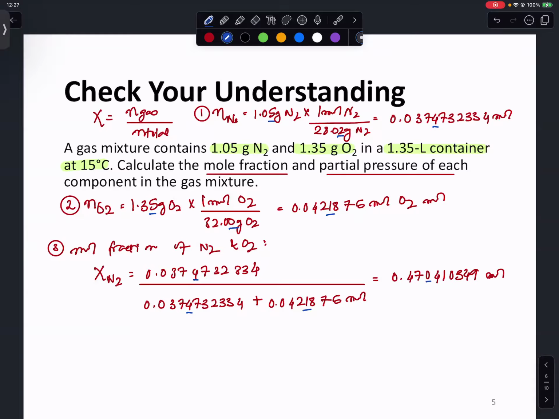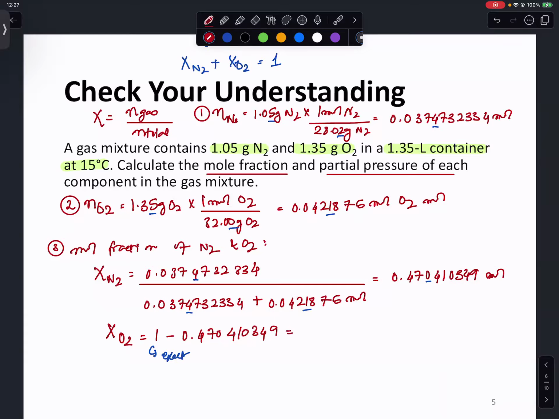Now, if I want to calculate the mole fraction of oxygen, it is going to be simply 1 minus 0.470410349, because according to the relationship of the mole fraction, the sum of the mole fraction of nitrogen plus the mole fraction of oxygen equals 1. By the way, this 1 right here is exact, so infinite sig figs.